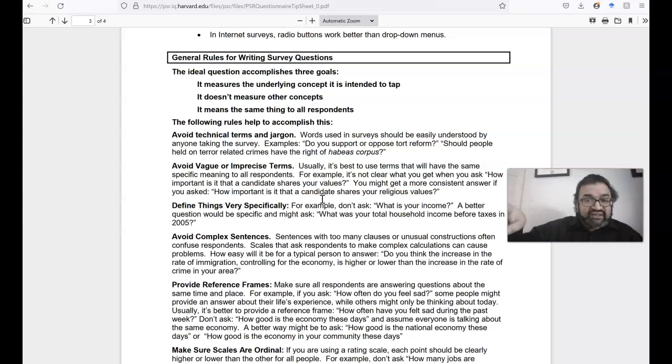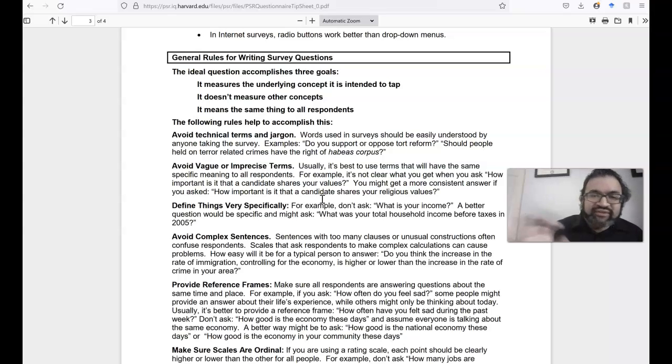So it measures the underlying concept it is intended to tap. It doesn't measure other concepts, and it means the same thing to all respondents. So two people answering the questions won't think of different things.